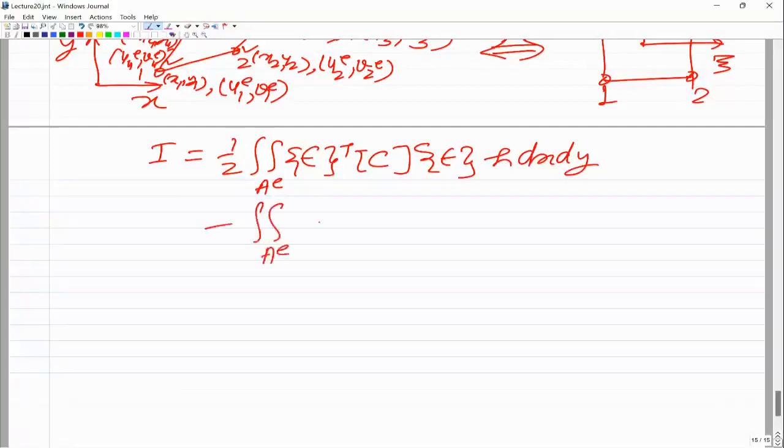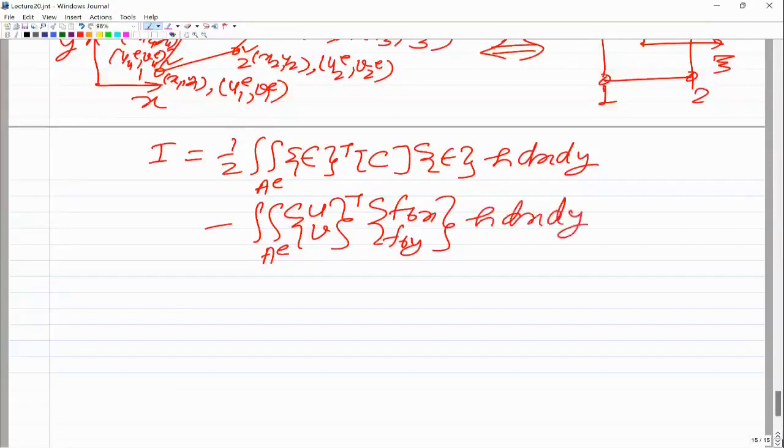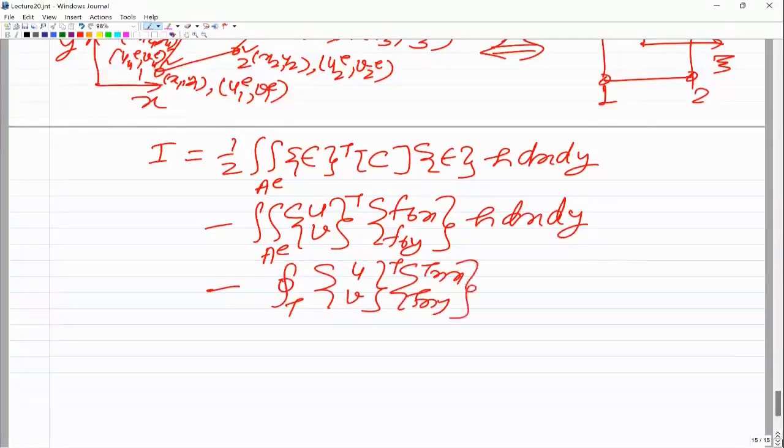That is the integration over the area of the element of u v transpose times the body forces along x and y directions, and because these are forces per unit volume, we multiply by the volume. Then we have the integration over the boundary traction: u v transpose times t_nx and t_ny, the forces on the boundary per unit area, so you get h ds. So this was the integral functional.